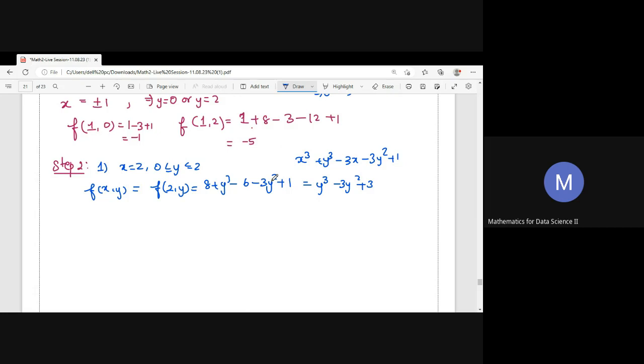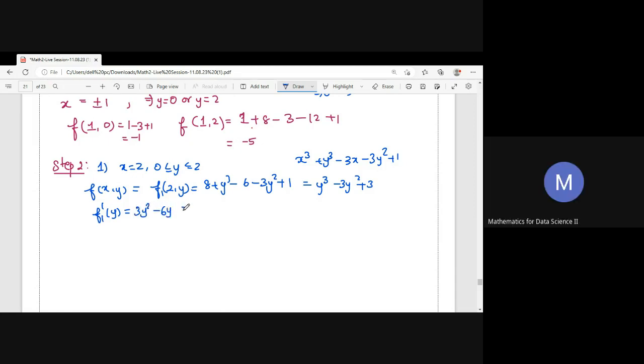Now for this function, what are the critical values? With respect to y only it is varying, right? So maybe I give it the name f1 of 2 comma y. What is this function now? 3y squared minus 6y.